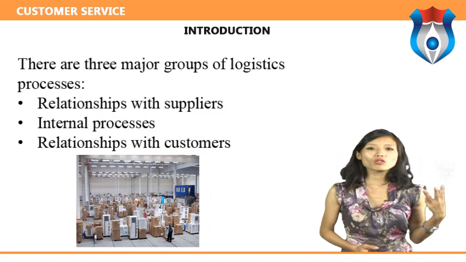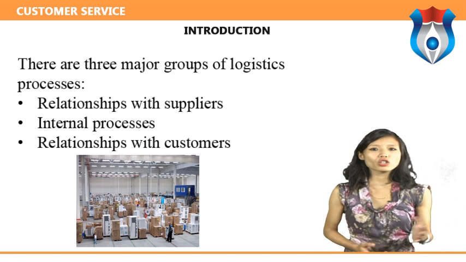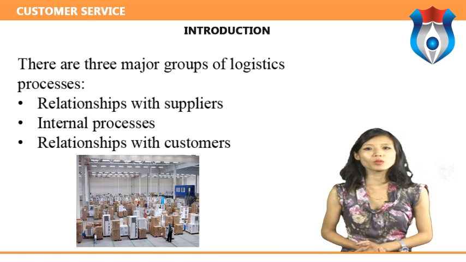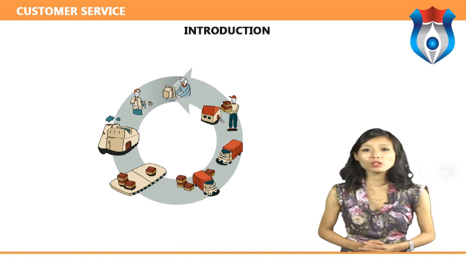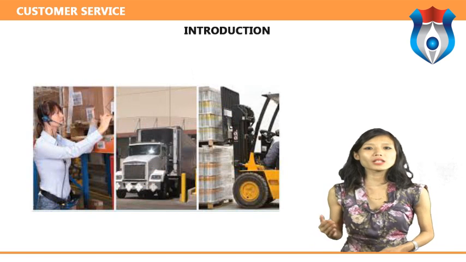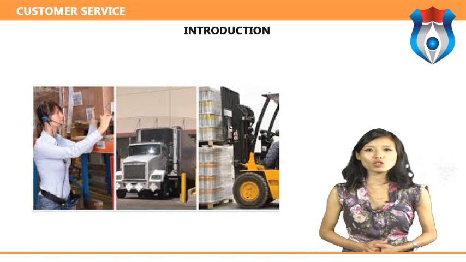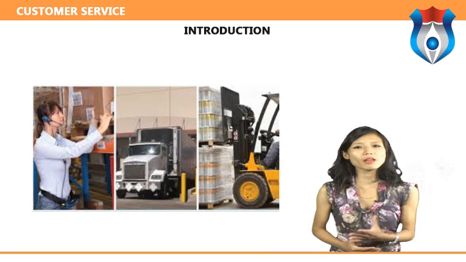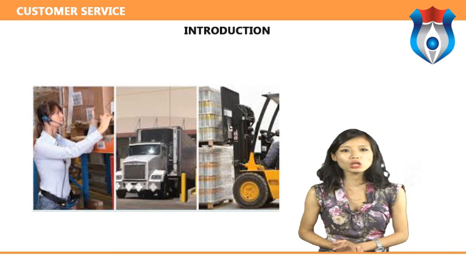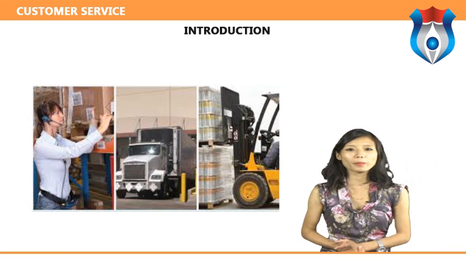There are three major groups of logistic processes: relationship with suppliers, internal processes, and relationship with customer. It links supplier with customer and it integrates functional entities across a company. This includes several internal factors like management style, culture, human resources, facilities, and several external factors like technology, globalization, and competition.